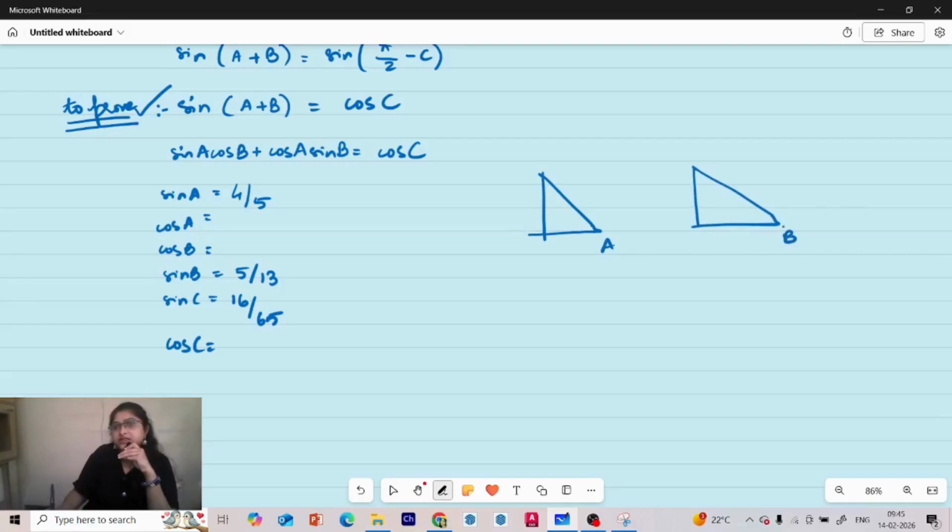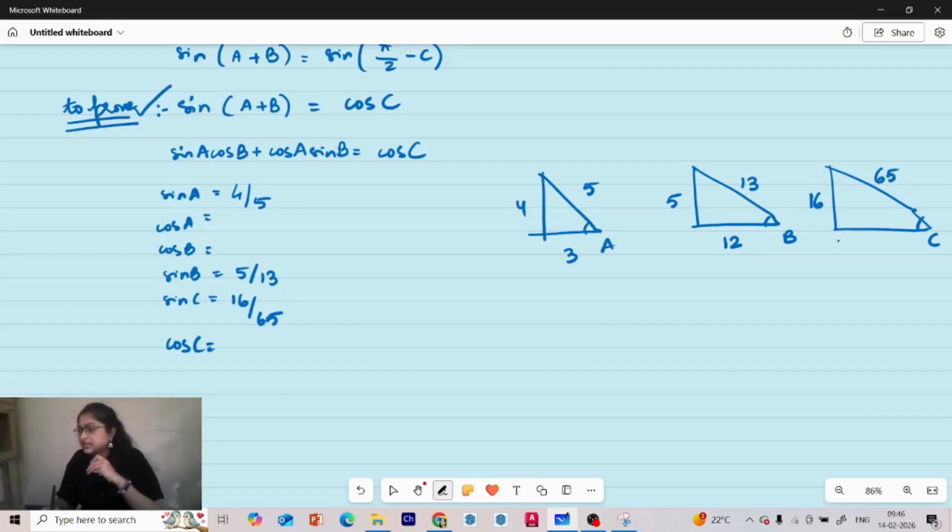Just 3 different triangles I'm taking with some angles like this. In triangle A, opposite by hypotenuse is sin A, so adjacent should be 3. Again in B, opposite by hypotenuse is 5 by 13, so adjacent is 12. And in C, opposite by hypotenuse is 16 by 65, so adjacent is 63. Just calculate that, you'll get 63.